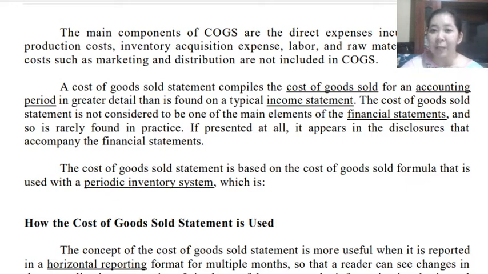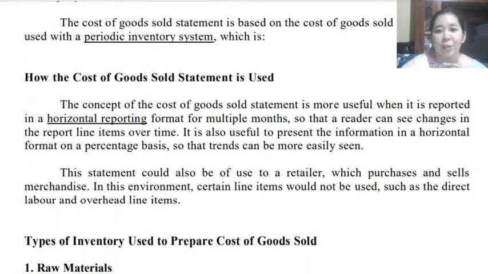For our periodic inventory system, as mentioned earlier, this is accounting for the ending inventory at the end of the accounting period and then using the simple formula, but this is applicable only for a merchandising type of business, whereas the perpetual inventory system is accounting for any transactions that relate to the inventory. So every time they have transactions, they will record it to reflect the change in your inventory levels. So how is the cost of goods sold statement used?